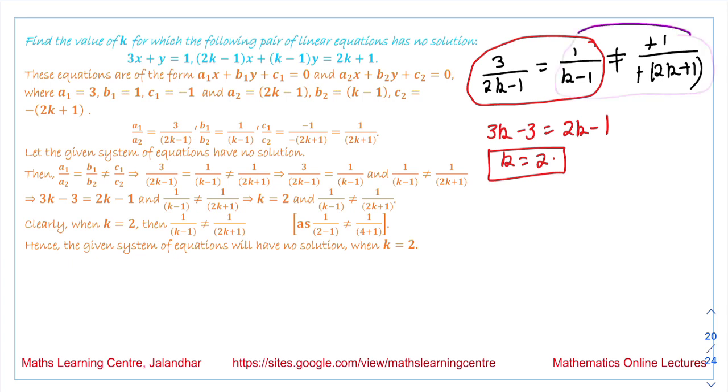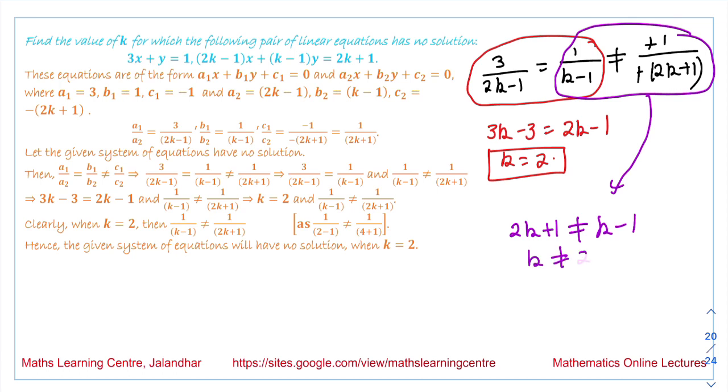When we are looking at this condition over here, we are getting 2k plus 1 should not be equal to k minus 1. So we get k should not be equal to minus 2. So for k is equal to 2, a1 over a2 will be equal to b1 over b2.